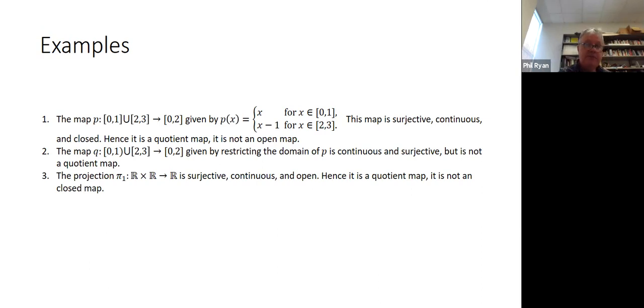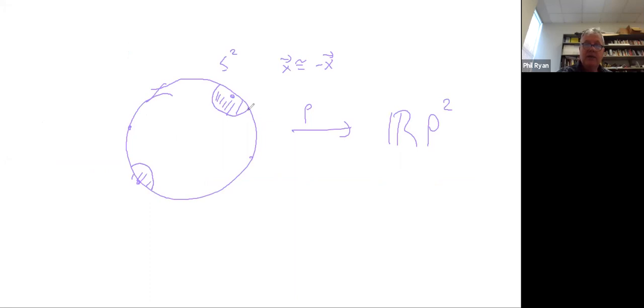Here's another example. Projection. We know that projection is surjective, continuous, and open. We proved that in the previous homework assignment. So it's a quotient map, but it's not a closed map. And we can see this by looking at these hyperbolas here, right?